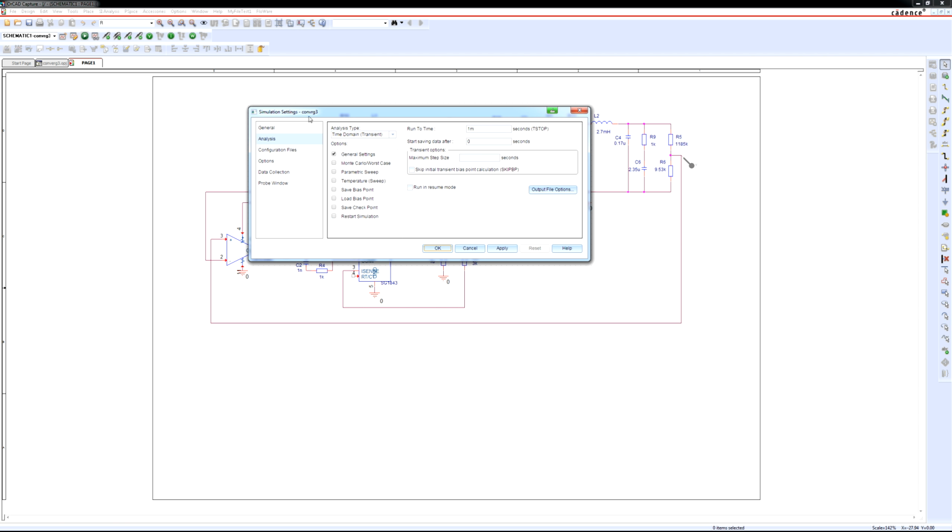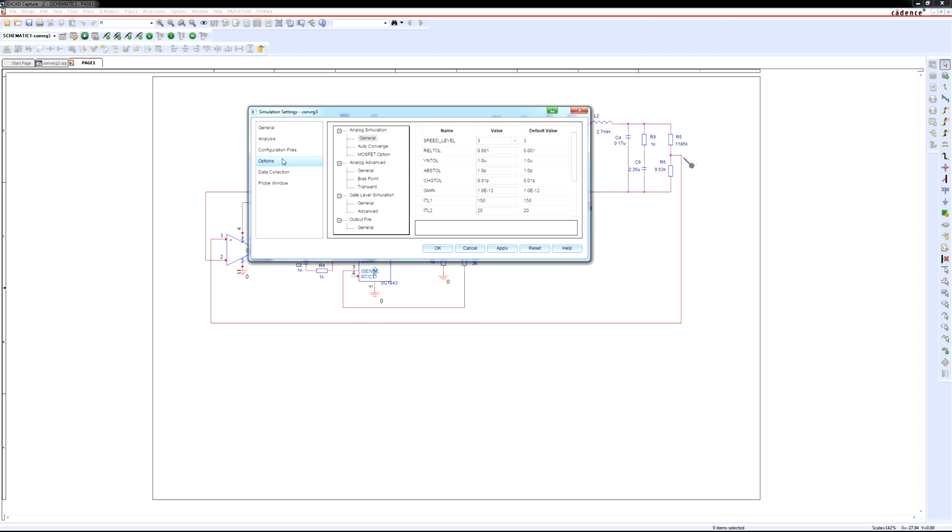Just for your information, in the simulation profile, under options, you have first of all the auto converge, which you can select so that the simulator tries to find a solution. It works in over 90% of the cases.